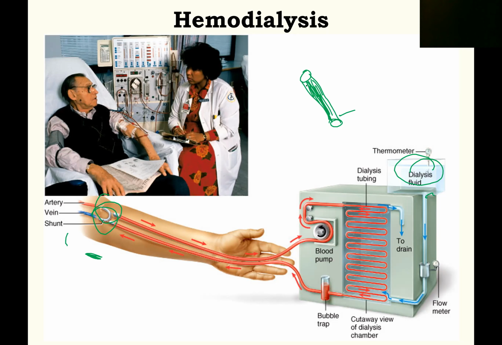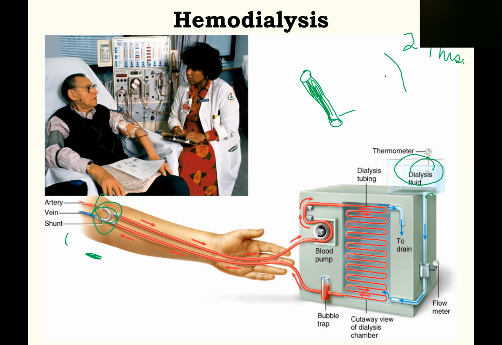A second type of dialysis is called peritoneal. And rather than using this tubing and opening things up, you actually use the wall of the abdomen as a filter. It's 24 hours a day, continuous. You change out the fluid every, I think it's 8 hours is what it used to be.